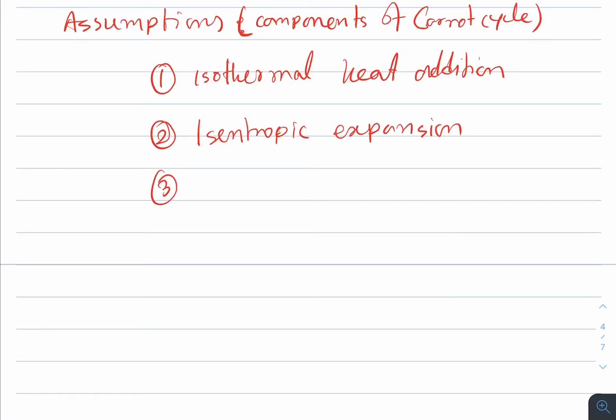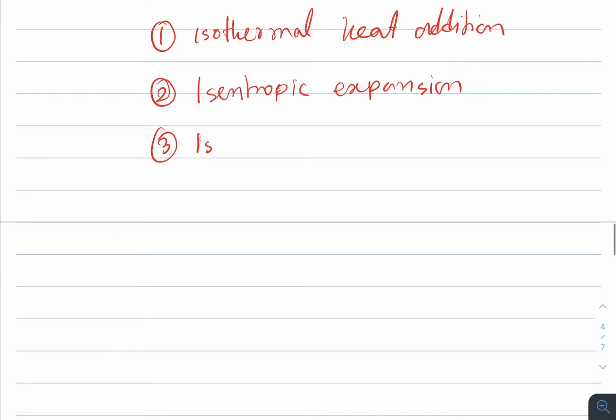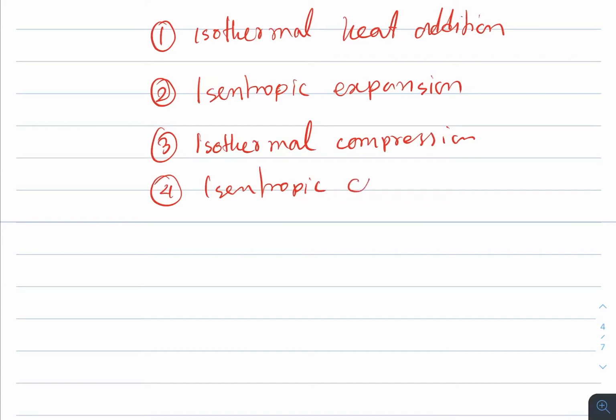Number three is isothermal compression, and number four is isentropic compression.